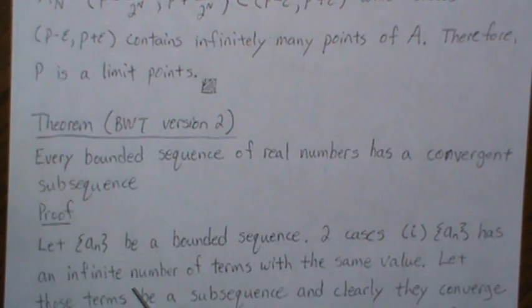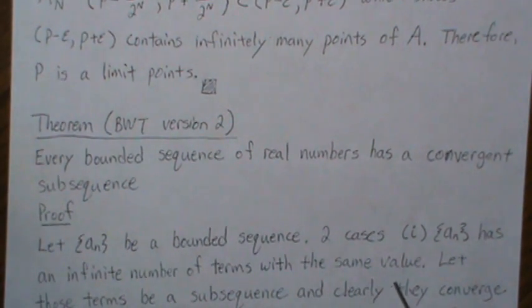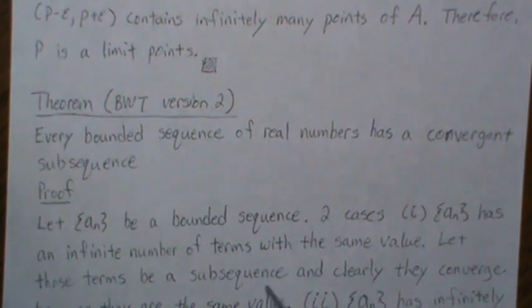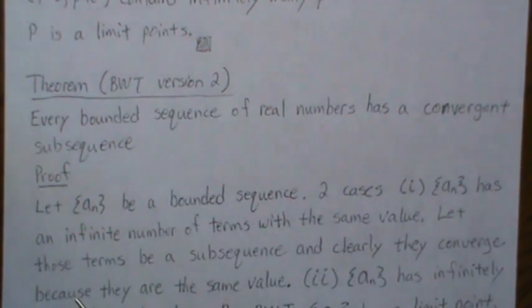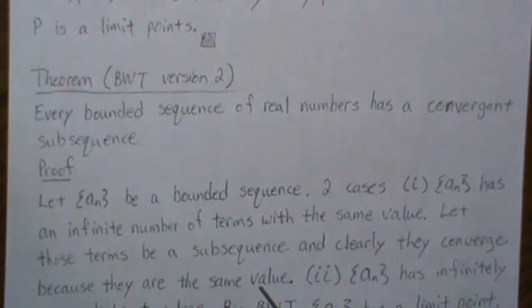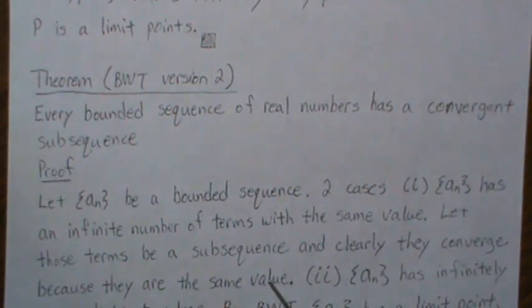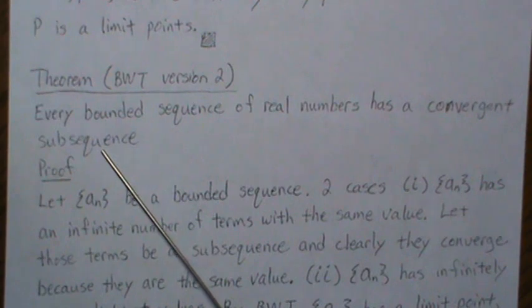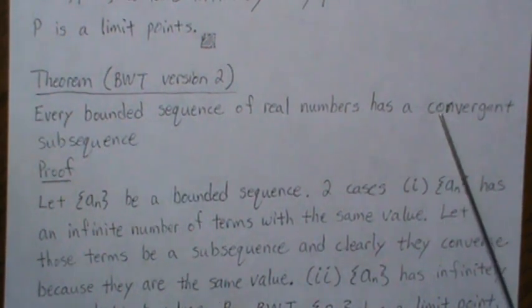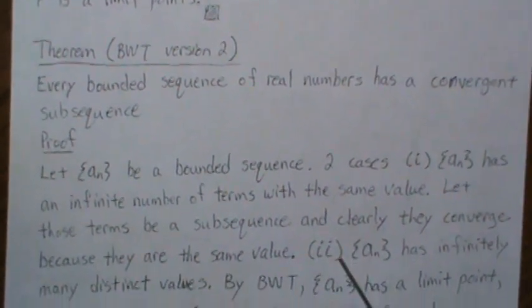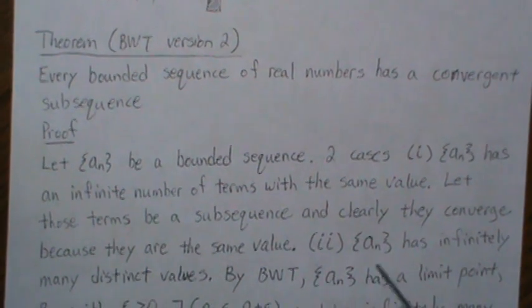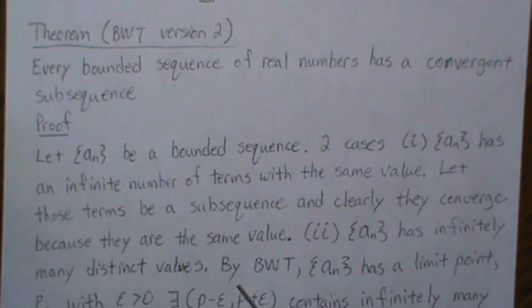Case 1: a_n has an infinite number of terms with the same value. Let these terms be a subsequence, and clearly they converge because they all have the same value. So that's a kind of trivial case. So it has a convergent subsequence.